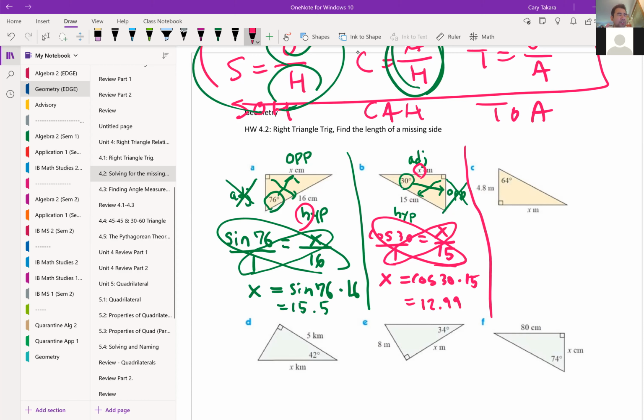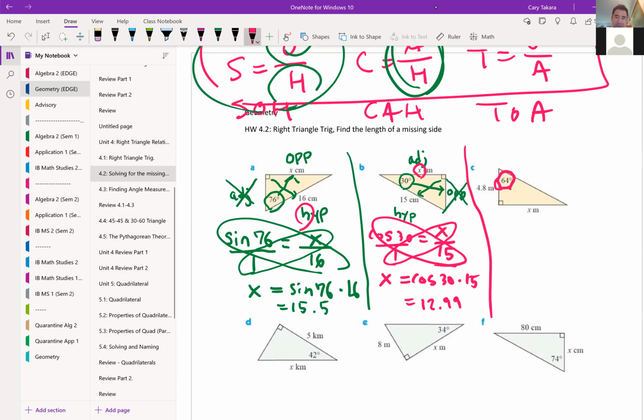The first thing that you need to do is label the 3 sides of a right triangle. A triangle has 3 sides, right? So you're going to label them. One is called opposite. To identify the opposite side, it's always opposite of the angle that is given to you, the focus angle.